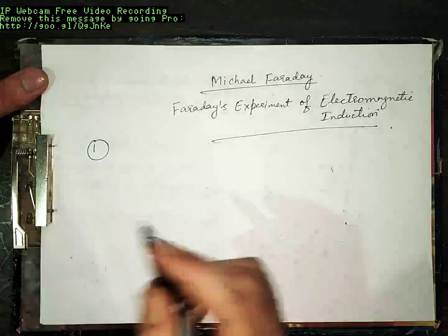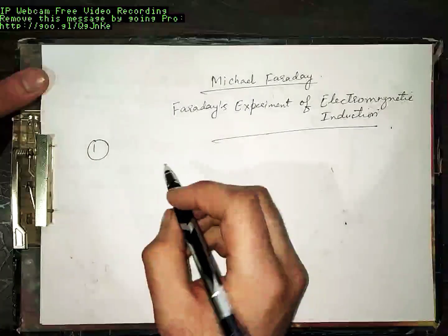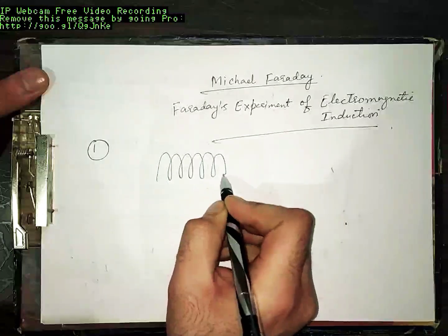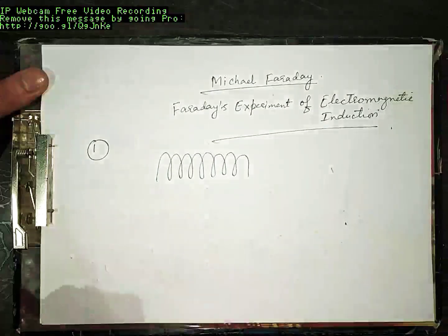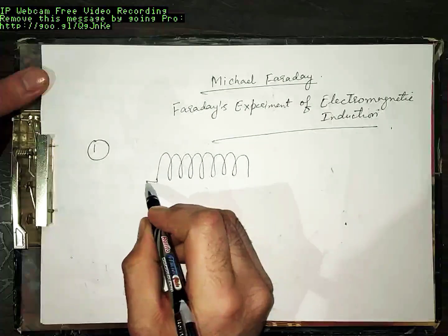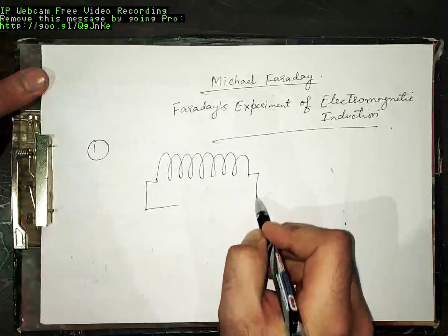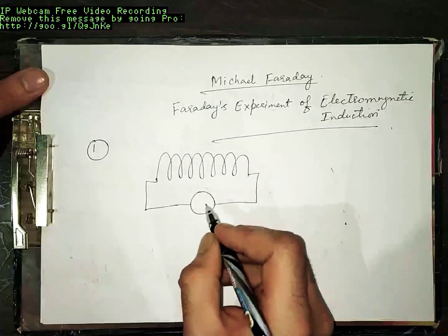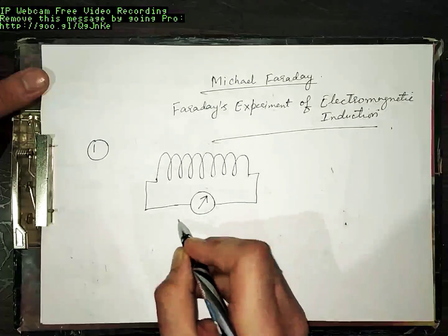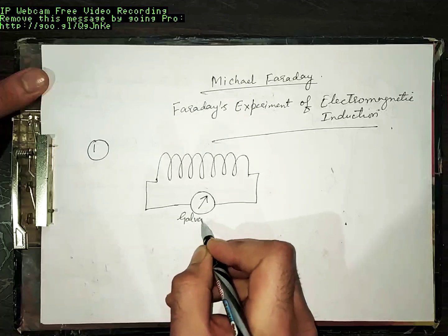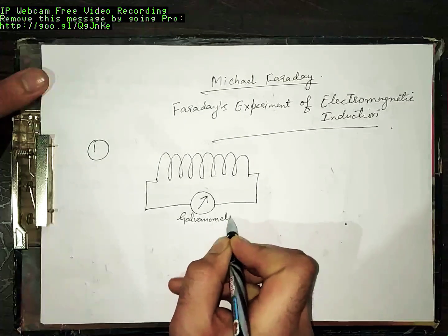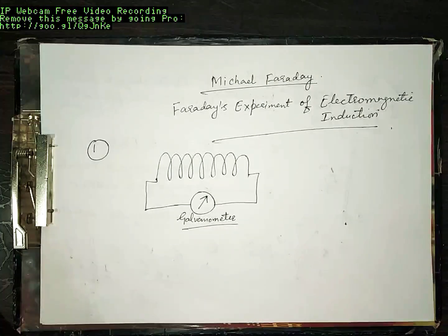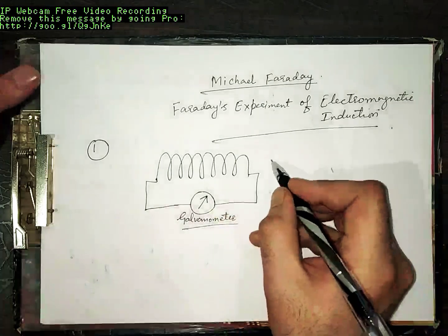In experiment number 1, Michael Faraday used a coil, and to this coil he connected a galvanometer. You are familiar with the galvanometer. This is a device used to detect the current. And what else he did? He took a bar magnet.